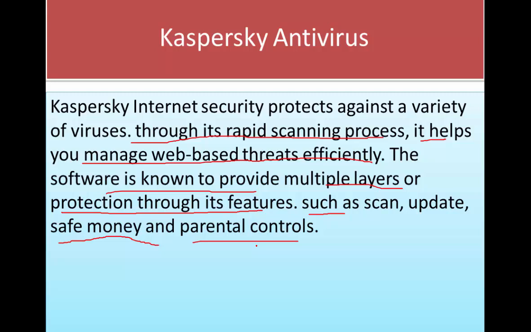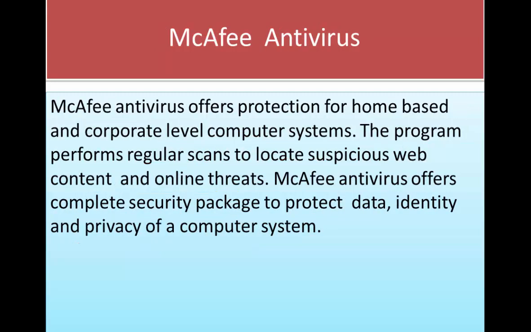So this is Kaspersky. And next is McAfee Antivirus. McAfee Antivirus offers protection for home-based and corporate-level computer systems. Corporate means the powerful, bigger computers used in business houses. The program performs regular scans to locate suspicious web content and online threats.